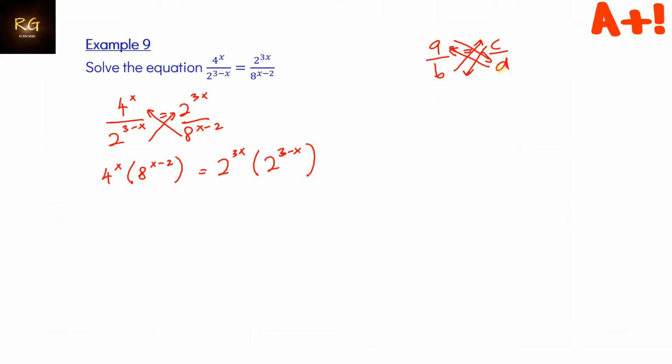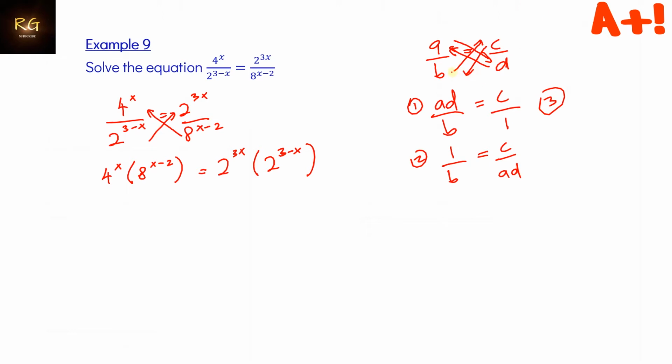In situation 1, if we are moving d and attaching itself to a, you just multiply a with d, and it will be over b equals c. When you are removing this d and attaching it to a, you are factorizing this d. Whenever you factorize something, the remainder is supposed to be 1. Don't forget that. The same thing, if you bring a and attach itself to d, it will be 1 over b equals c over ad. The same concept applies vice versa for b and c.